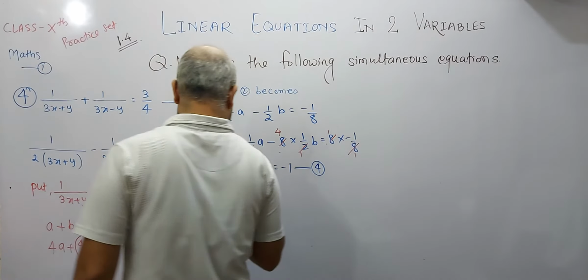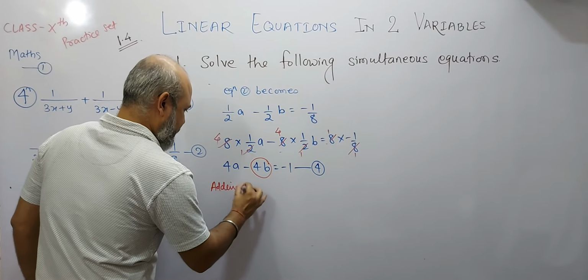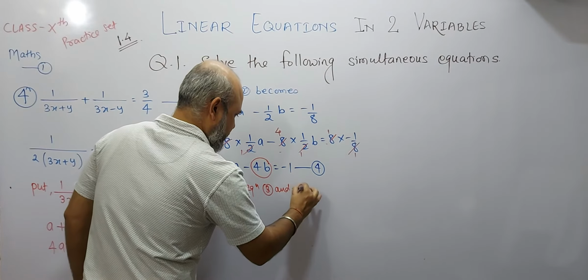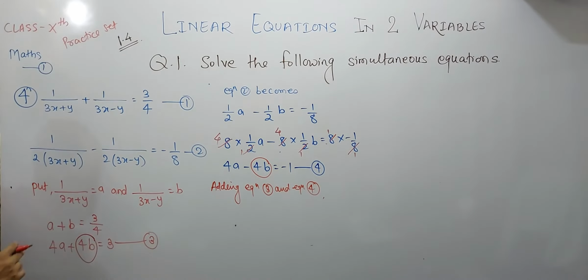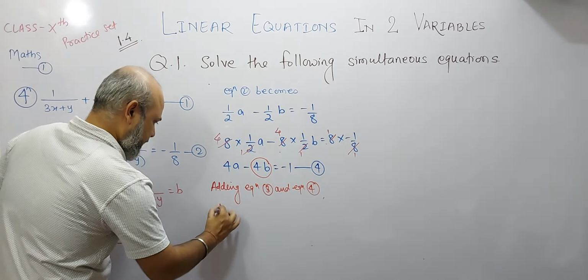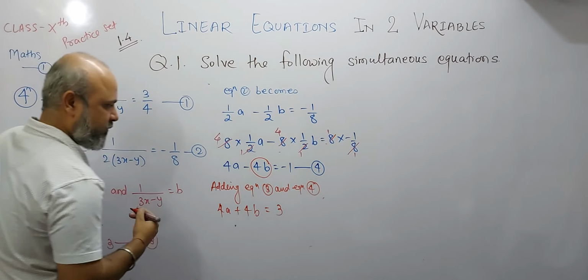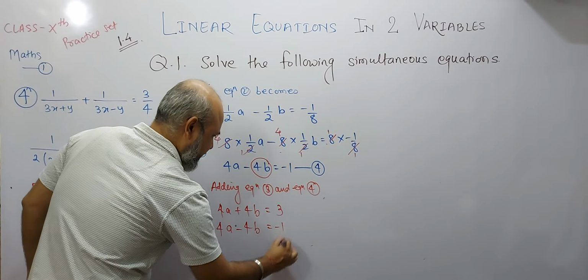So I will write adding equation 3 and equation 4. What is equation 3? That is 4a plus 4b is equal to 3, and equation 4 is 4a minus 4b is equal to minus 1.